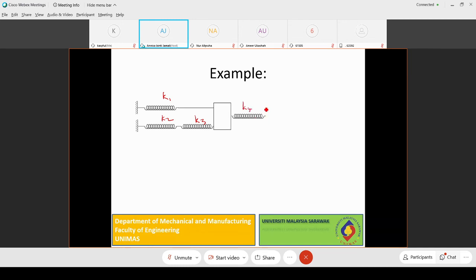Okay, I think this figure should have, this one is attached. This is fixed. Okay, this spring is fixed. So we have this, and we attach to the mass. So how do we combine the system here?